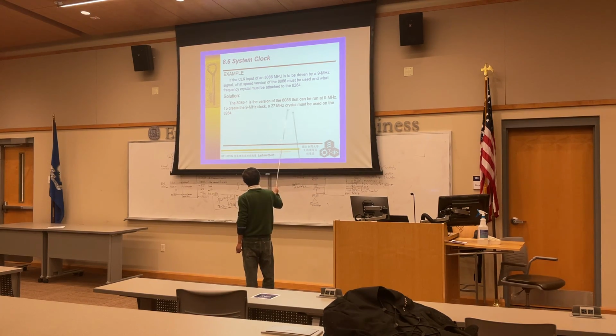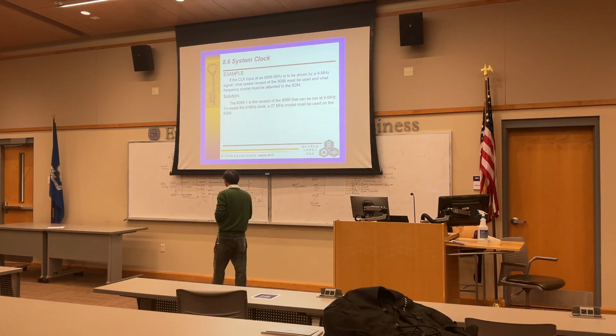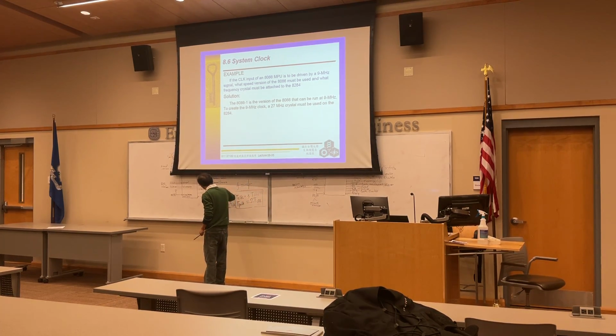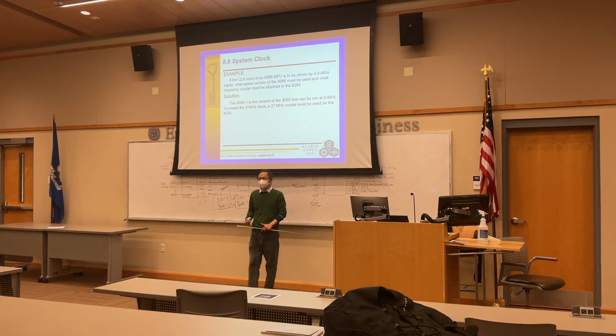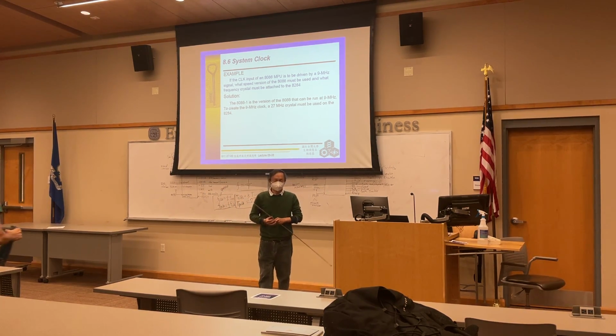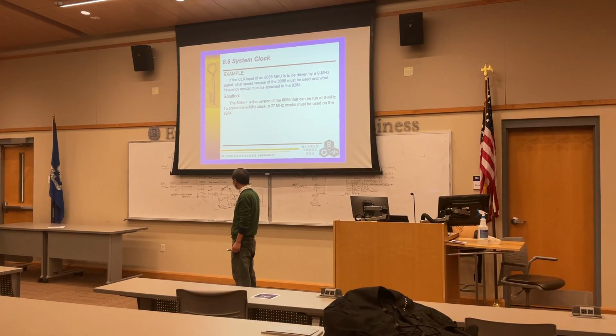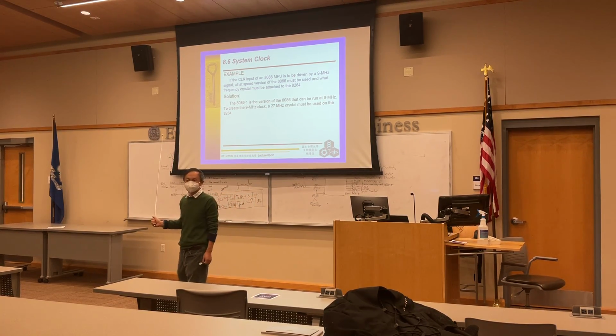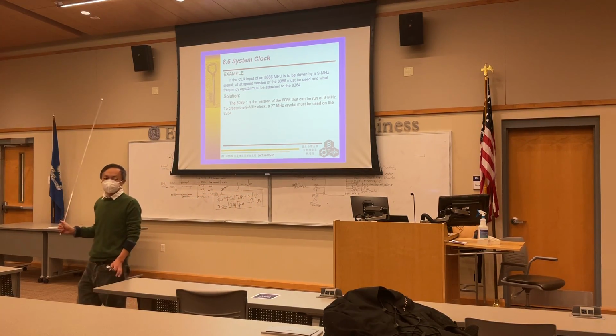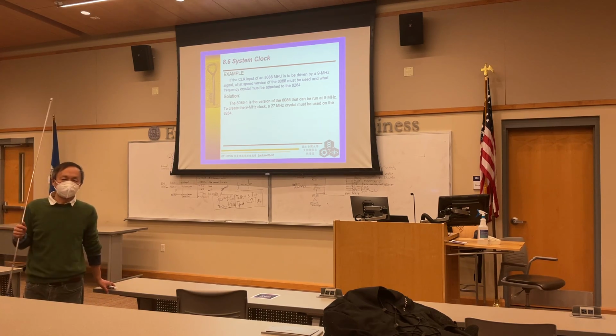Now, what should be the crystal frequency? We want this one to be 9 megahertz. Now, what's the frequency of the oscillator? How many megahertz? What's the F oscillator? 3 or 27? 27? 21? 9 multiplied by 3.